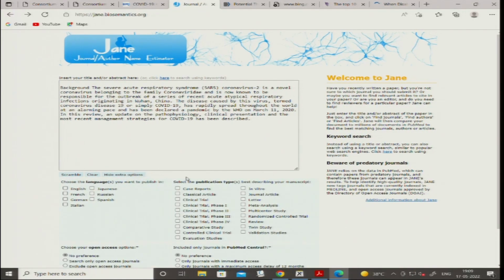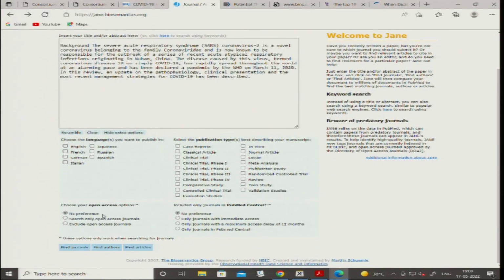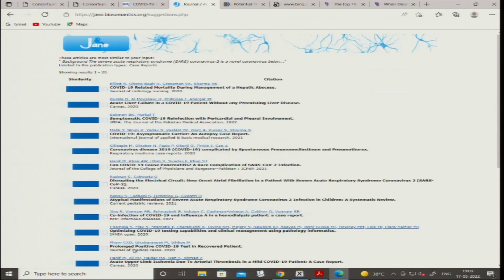And when you use the extra options, these are very important options as we have discussed. You can choose the language, you can set open access preferences, and if you are working in case reports, say in hospital management or hospitality management, you can choose the case report also, and you can find the articles in terms of case reports.